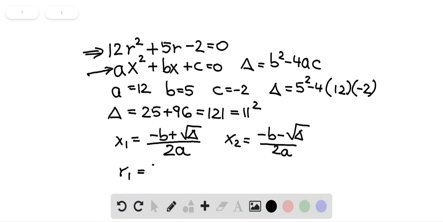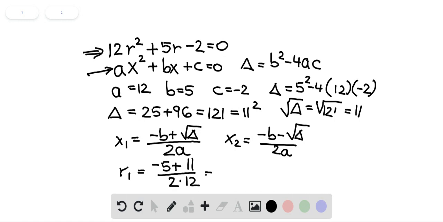equals negative 5 plus square root of delta. Square root of delta is square root of 121, which is equal to 11. Plus 11 over 2 times 12. And we get 6 over 24, which is equal to 1 over 4.